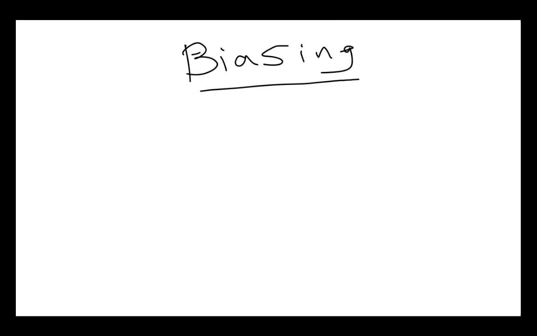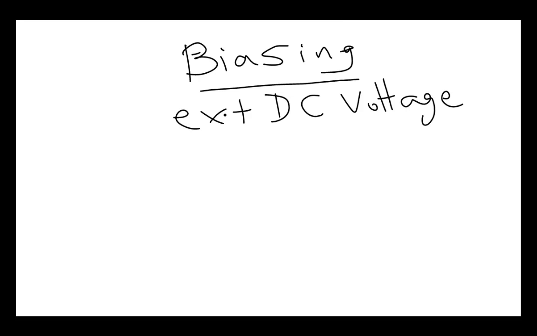In this session, let us learn about biasing a diode. Biasing implies giving external DC voltage to a diode so that the diode can be used in building a useful circuit.